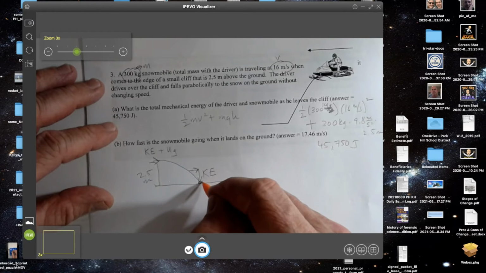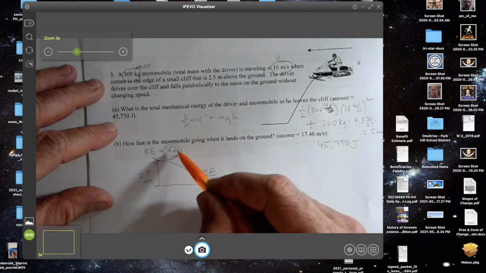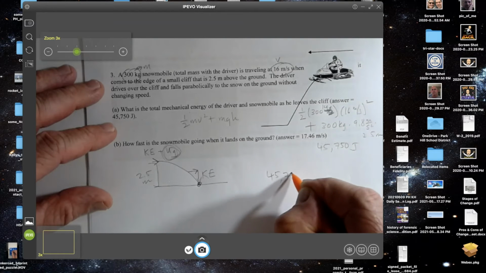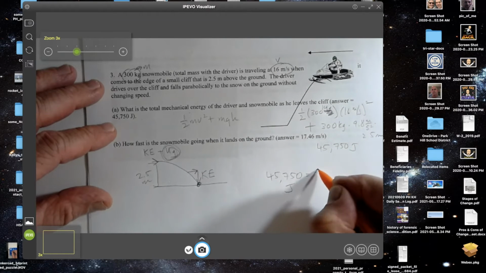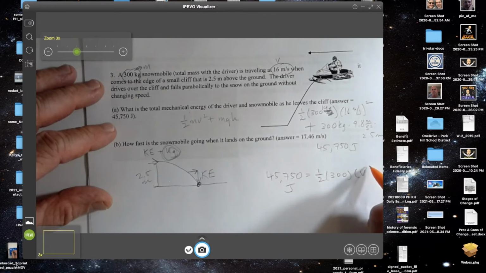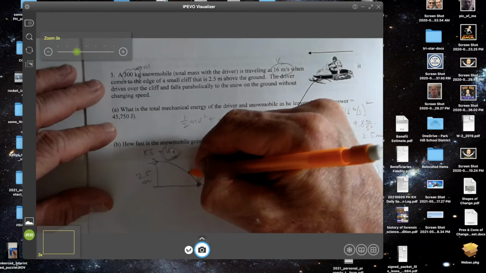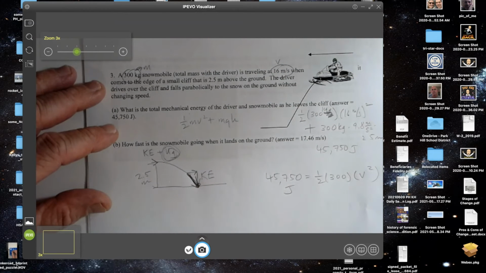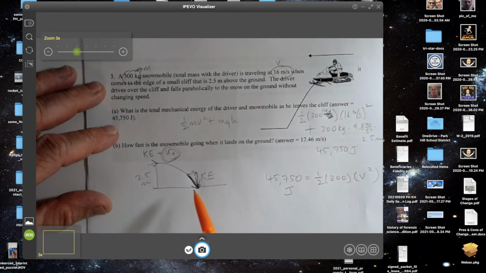But at this location here, that UG now is going to be gone. So this total, in joules, will now be equal to 1/2 mass times the new velocity squared. Now that new velocity really is going to be a forward and a downward velocity, but again, it's going to act tangent to the trajectory. So it's basically the hypotenuse of that velocity triangle.